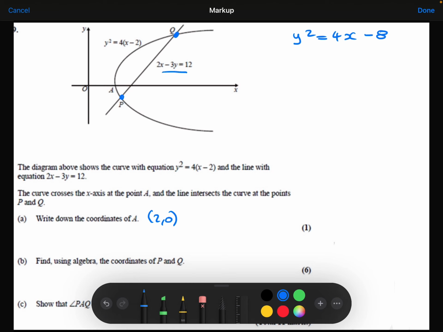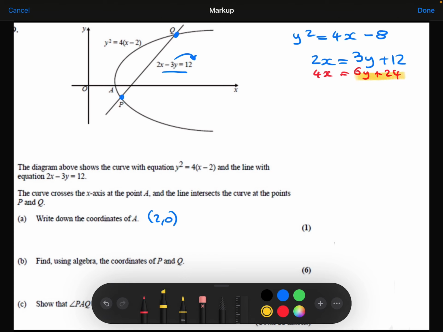And I'm going to just rearrange this straight line slightly. I'm going to say that 2x is equal to 3y plus 12. I've just added the 3y to both sides there. And the reason why I've done that is just to make the simultaneous equations a little bit easier, because I could relatively easily times that second equation by 2 to get 4x is equal to 6y plus 24.